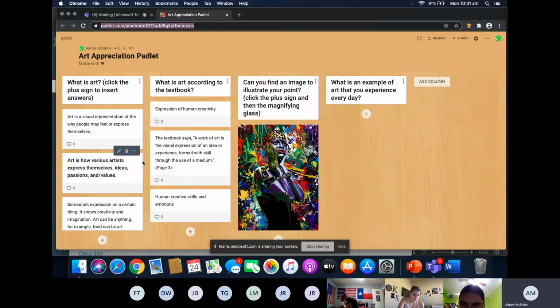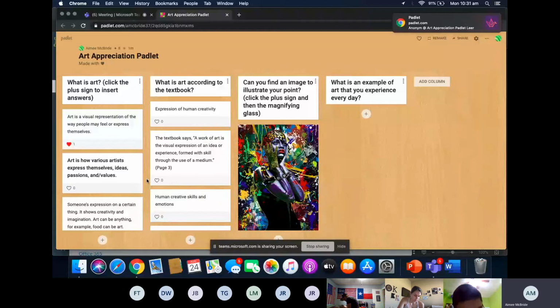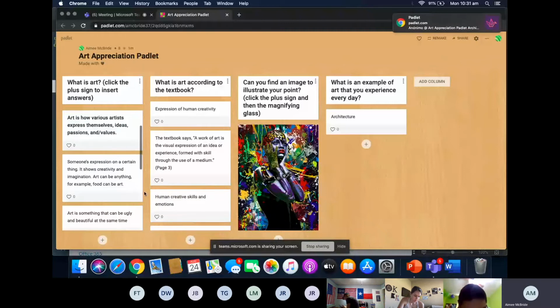So over here in the What is Art section, we have art is a visual representation of the way people may feel or express themselves. Good. So if I like that, I'm just going to hit the heart. It's how various artists express themselves, ideas, passions, and values. Good.